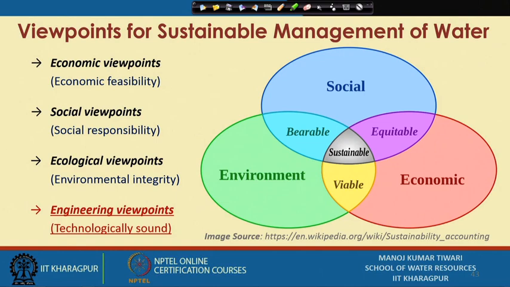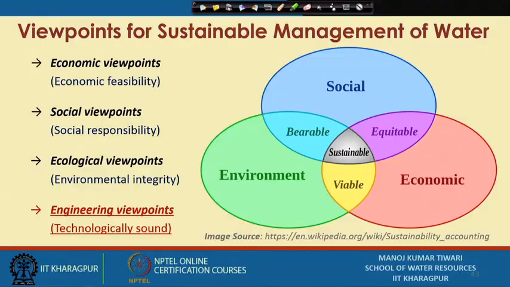So, these are the three, the environmental, social and economic, generally considered pillars of sustainability. However, there is one more viewpoint which is often ignored, particularly because when we talk about sustainable management or sustainable development, it usually goes to the policy makers, bureaucrats and those kinds of people.